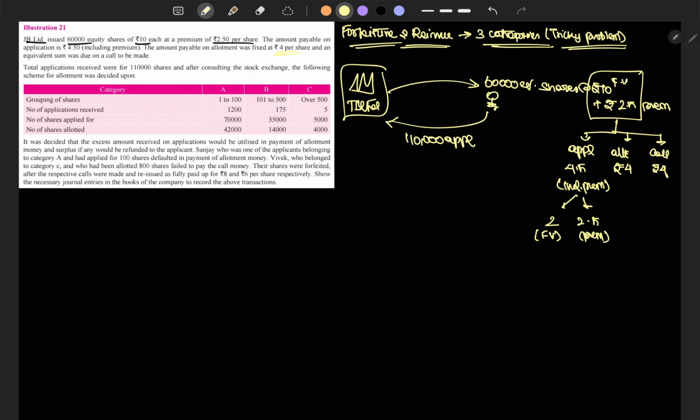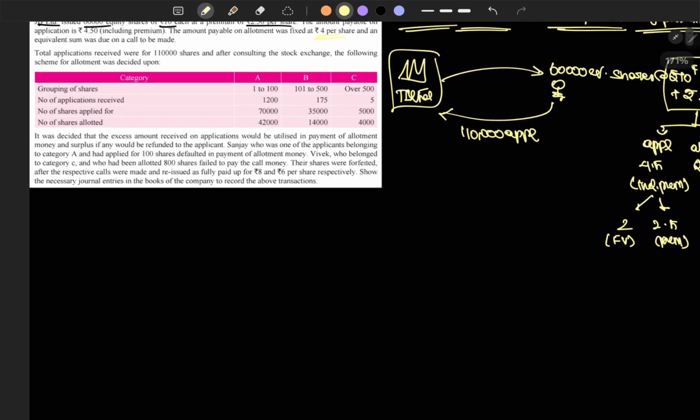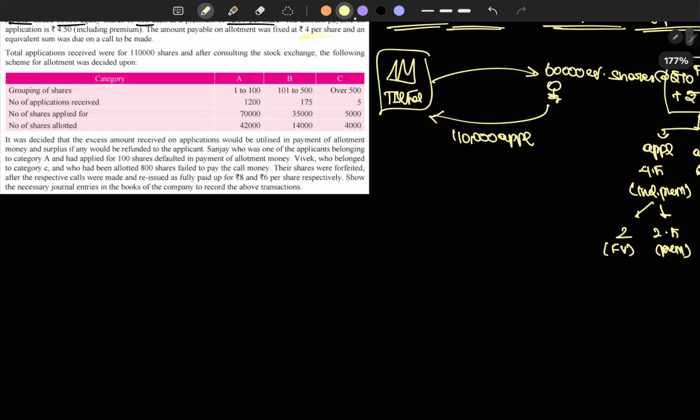After consulting the stock exchange, the following scheme for allotment was decided upon. Applicants for 1 to 100 shares, who applied for 70,000 shares in total, were allotted 42,000 shares. Applicants for 101 to 500 shares, 175 people, applied for 35,000 shares, and we allotted 14,000 shares.